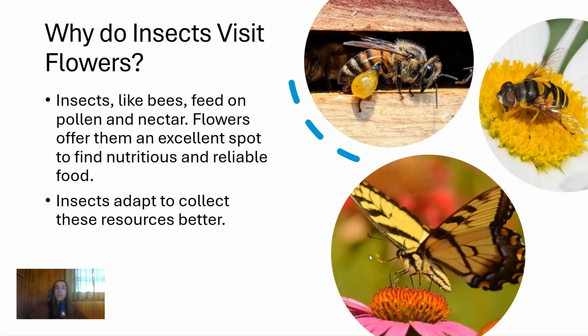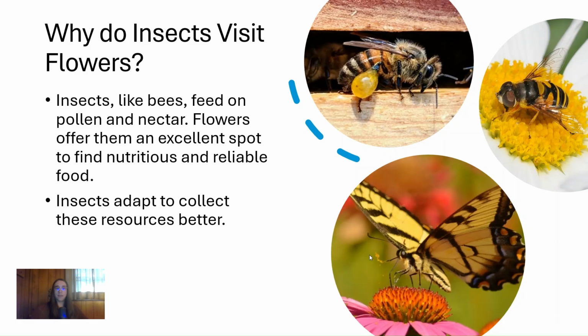So, as sort of an introduction, I'd like to first talk about why an insect would want to visit a flower and why a flower would want to have an insect visit it. So, why would an insect want to visit a flower? Well, pollinators, so this is things like bees, some flies, butterflies, moths, etc. Pollinators eat either pollen or nectar, in a lot of cases both, and flowers are a really good place to get both of these.